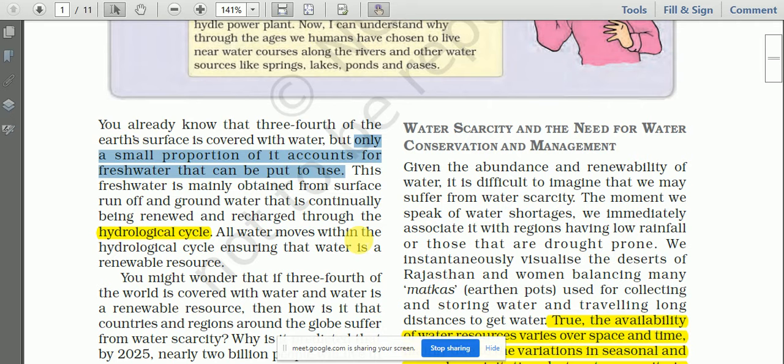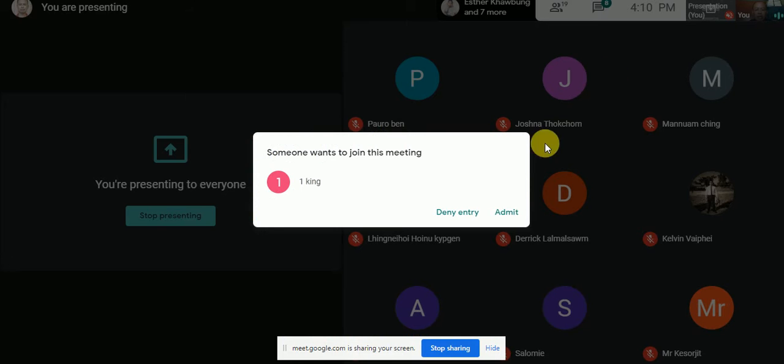Only 2.5% is present as fresh water. We cannot use saline water, seawater, for different purposes. We use only fresh water for our day-to-day life, and in industrial activities also we need only fresh water, but it accounts for only 2.5% of the total volume of water.